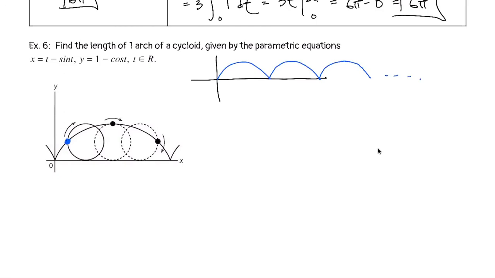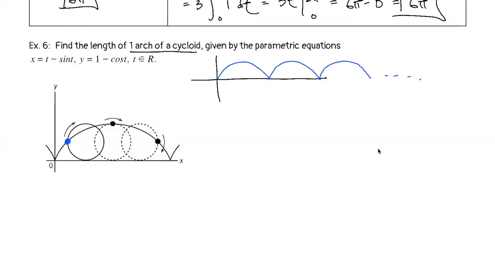So kind of like a trig function, there are a lot of different waves for a cycloid. It just kind of keeps going. So when I say t is an element of real numbers, that means these arches go back and forth in both directions, okay? The circle just continues to roll forever and ever. And so in this particular question, we're trying to find the length of just one arch, okay?